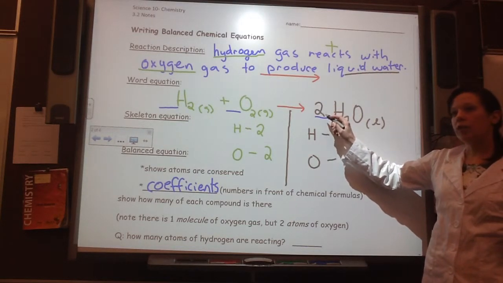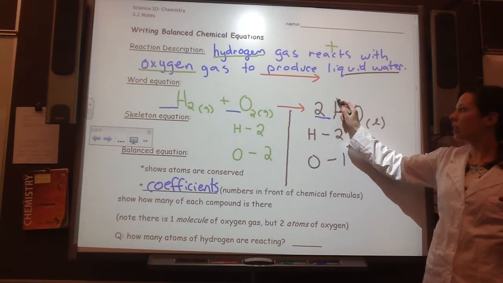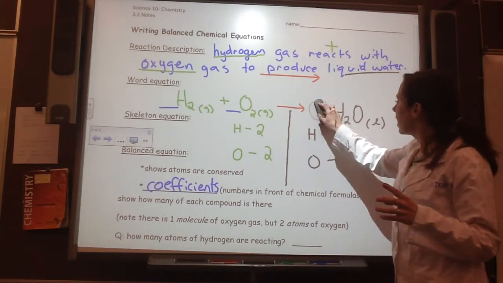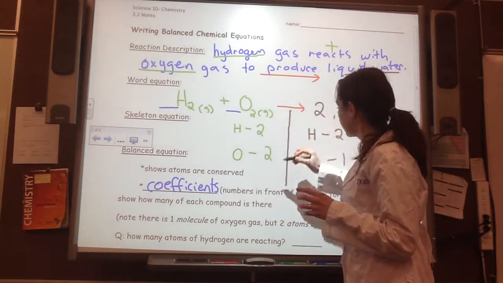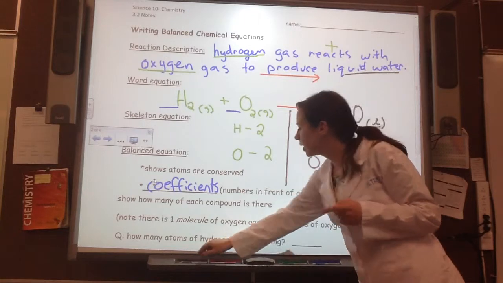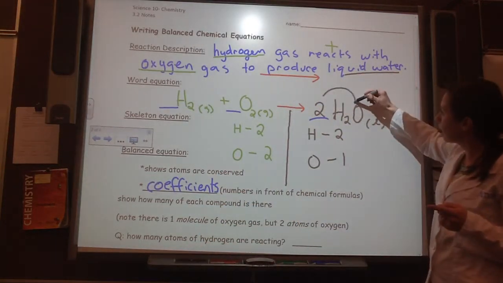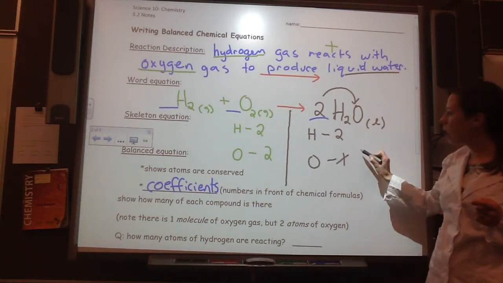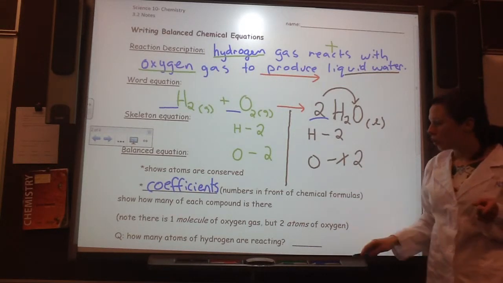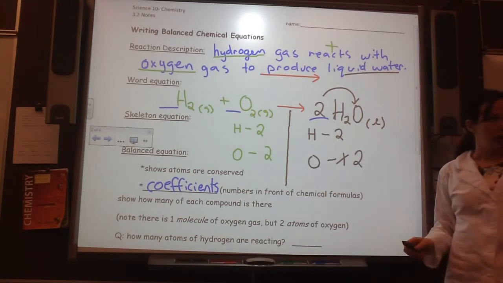The way you think about it is you multiply the 2 in to figure out how many of each atom there is. So 2 multiplied by 1 is now 2. So now I have 2 oxygens, and my oxygen line is good.